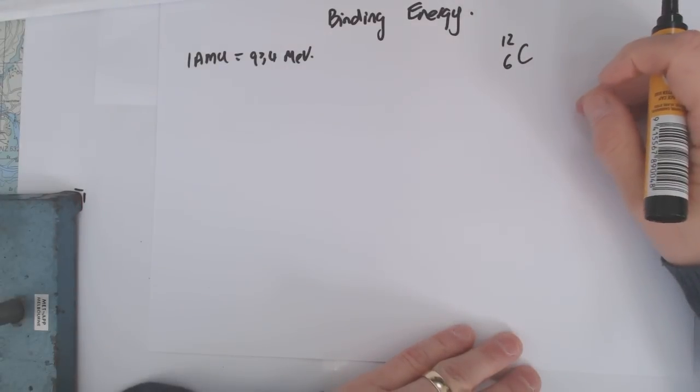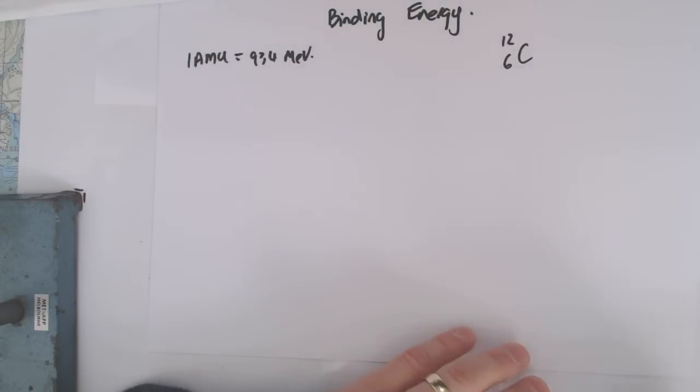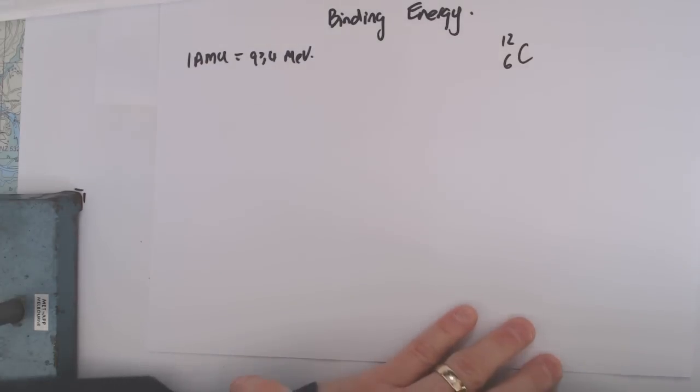What we did was we found the mass of carbon-12: Avogadro's number of carbon-12 atoms or nuclei equals 12 grams. We did the calculations, we divided through by the number of atoms or nuclei and got the mass, and we worked out this average mass for a nucleon and converted that atomic mass unit into electron volts.